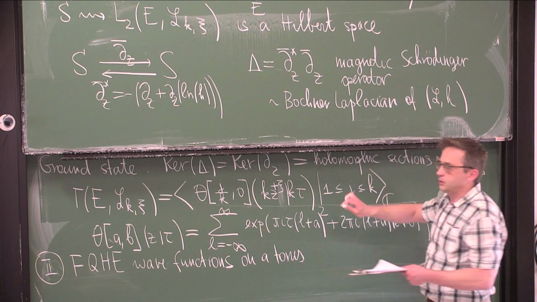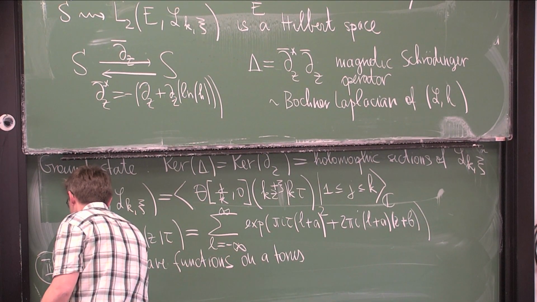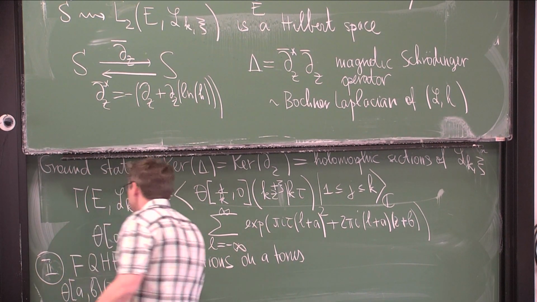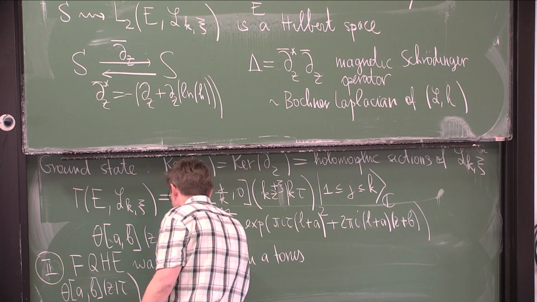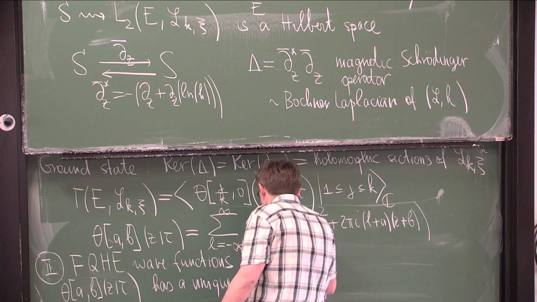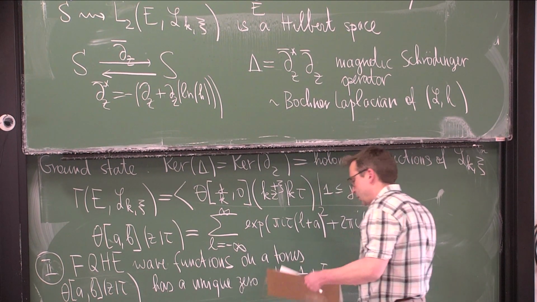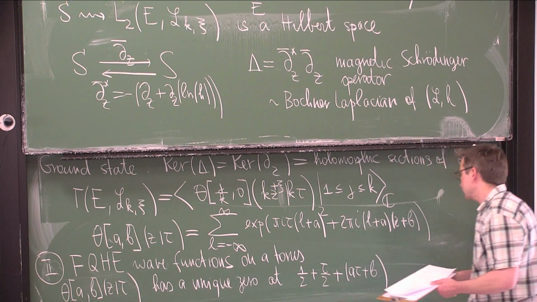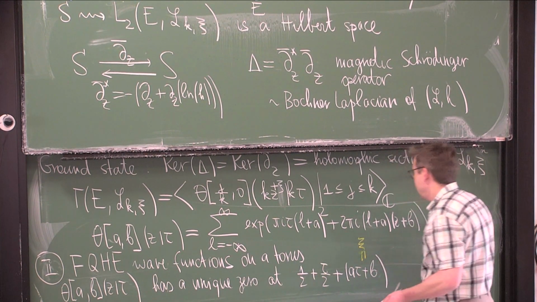The starting point is a fact about theta function with characteristic: it has a unique zero at the point 1/2 plus tau half plus a tau plus b, where a tau plus b is my xi.